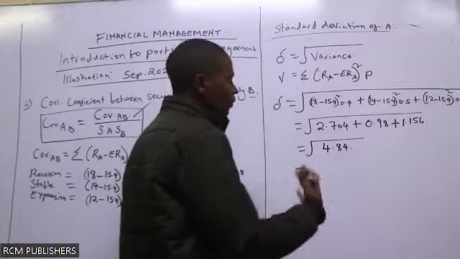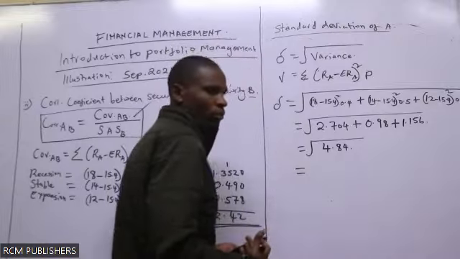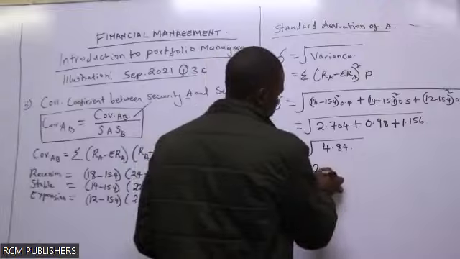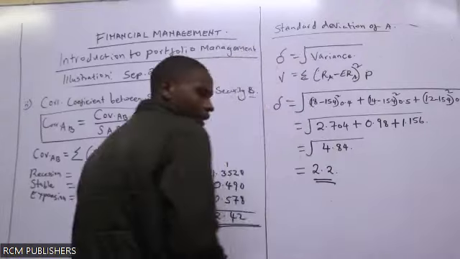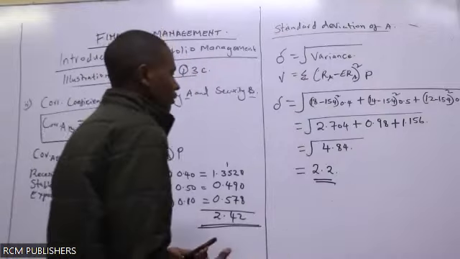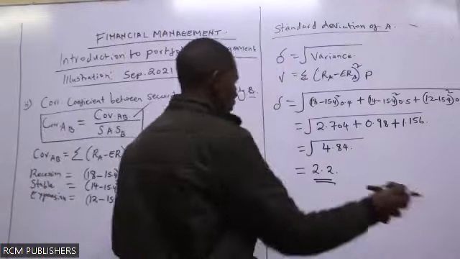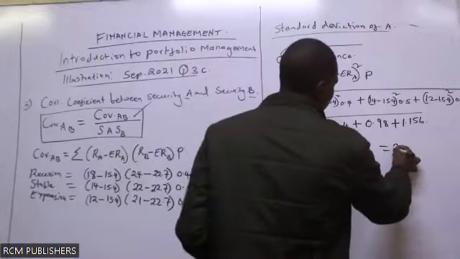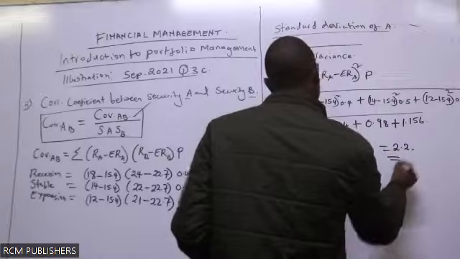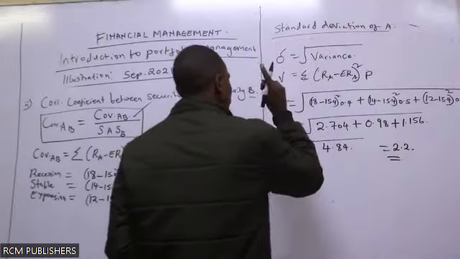That is the way you end up, procedurally, with 2.2. Now I need to get the next one. This will give me 2.2. That is my standard deviation of A.